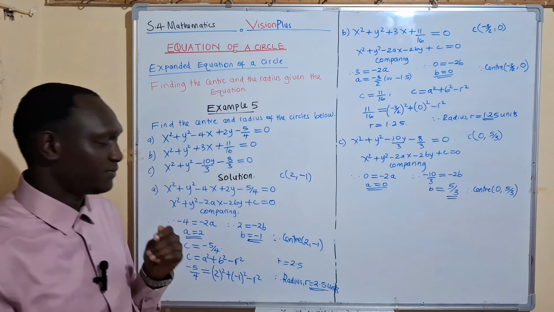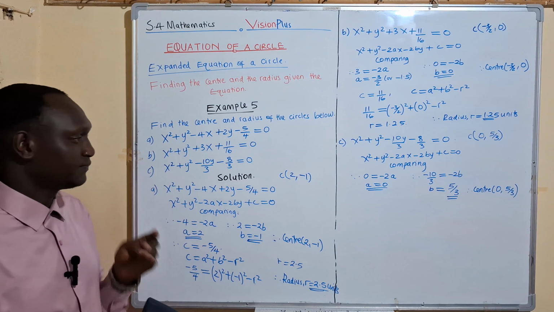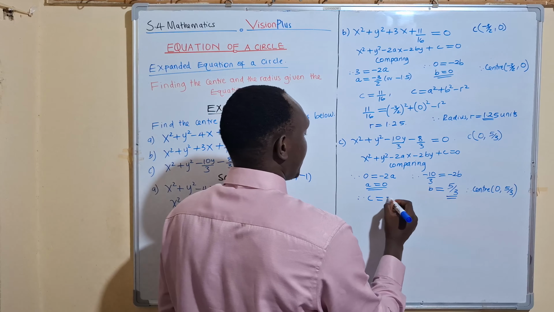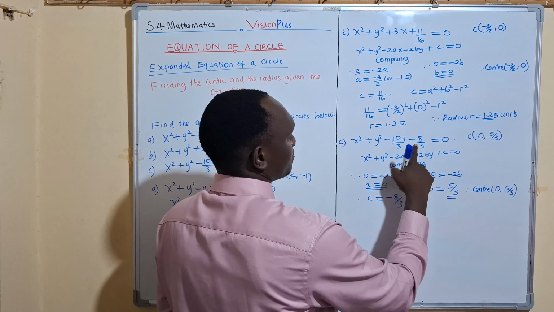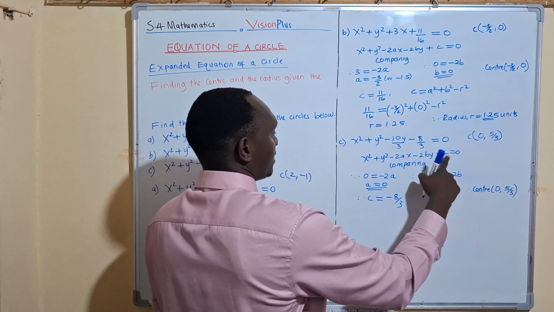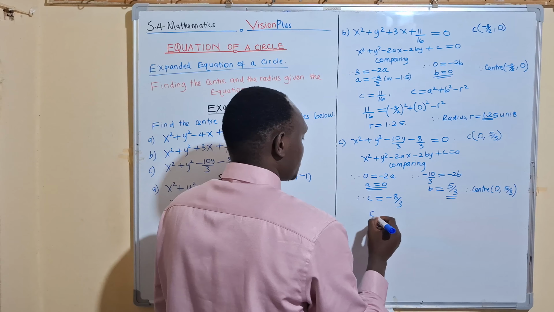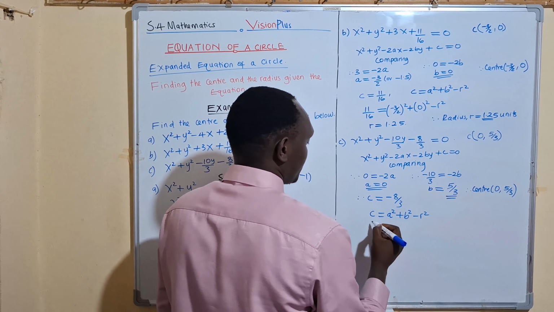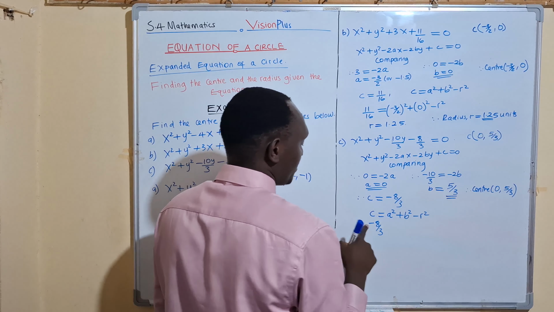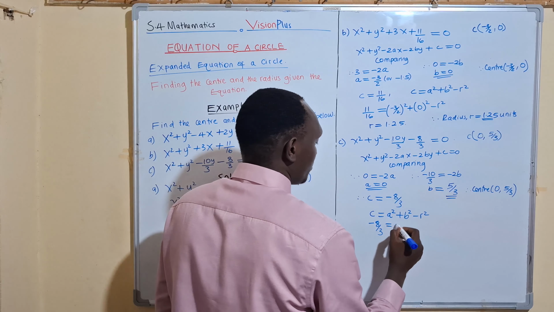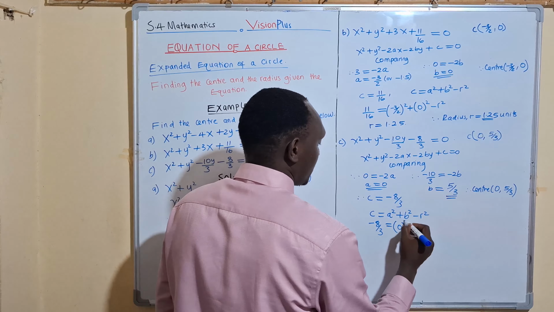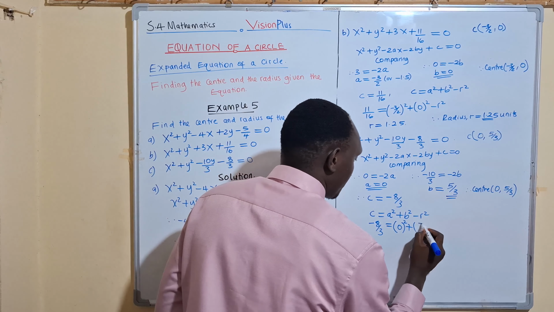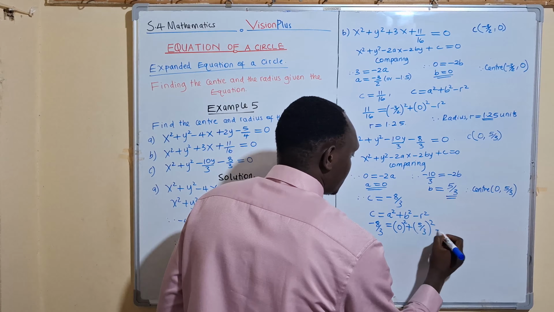So after getting the coordinates of the center, we need to find the radius. So also we have seen that C is negative 8 out of 3. Negative 8 out of 3 corresponds to C. Don't forget to carry the sign. But also C is given by A squared plus B squared minus R squared. Substitute for C as negative 8 out of 3, equals to A, which is 0 squared, plus B, which is 5 out of 3 squared, and then minus R squared.